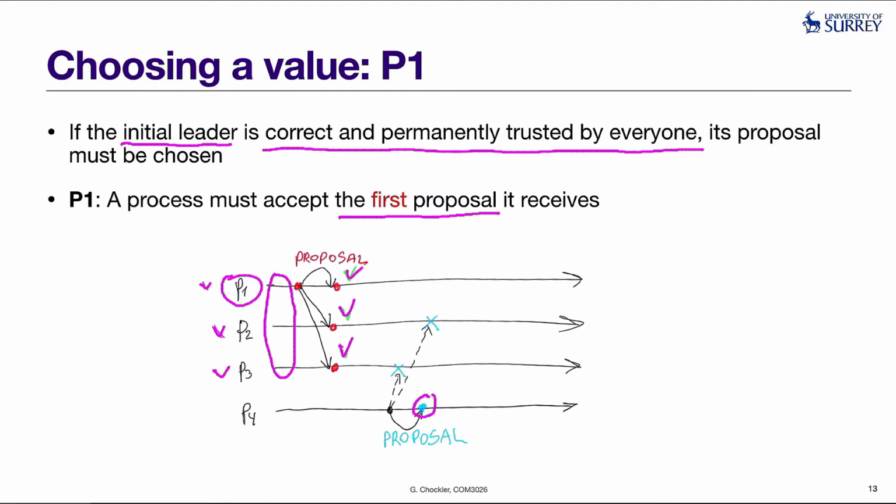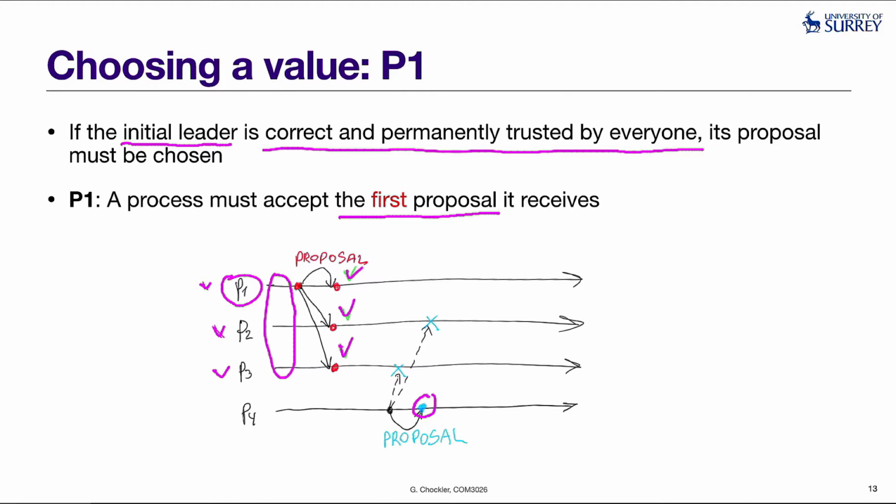Okay, but this is okay because in this specific scenario, this is going to be the only process accepting a potentially contradicting proposal of P4, and this value can't be chosen because other processes in the intersecting quorum already chose a different value, the value of P1.